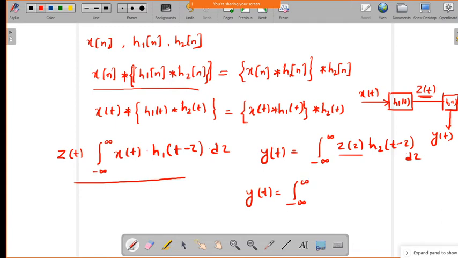So y of t equals the integral from minus infinity to plus infinity, and we are replacing z of tau, which is again an integral from minus infinity to plus infinity of x of tau into h1 of t minus tau.